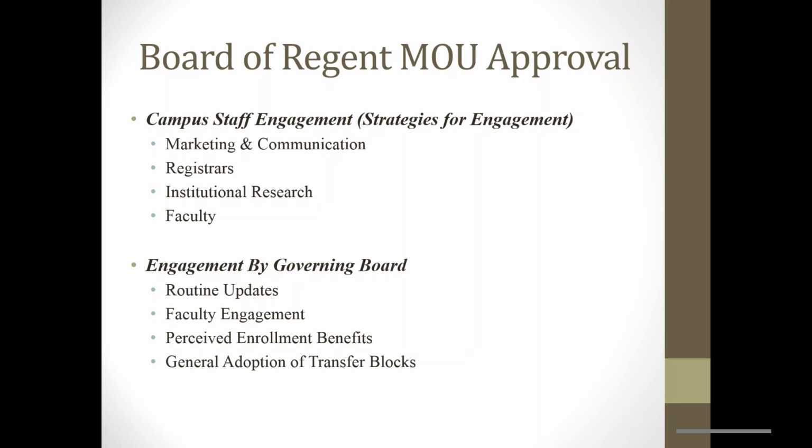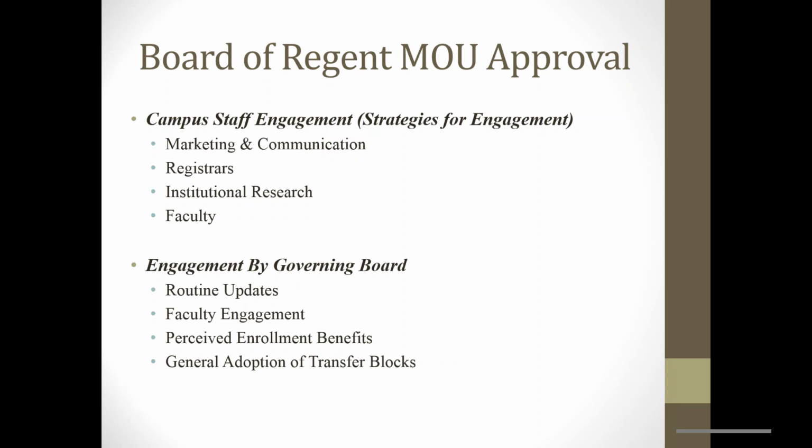And because of our involvement in the WICHE Passport, we've actually created a passport or a transfer block component embedded within our own transfer policy for students that come from institutions that we get a lot of students from that are not typical articulation agreements at the program-to-program level.